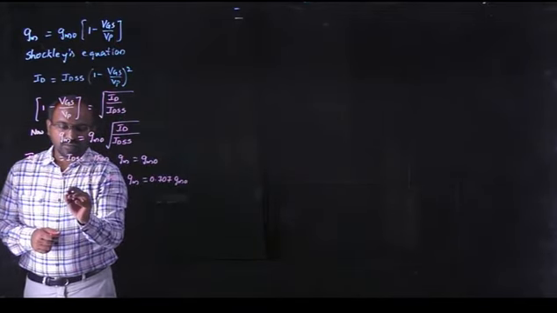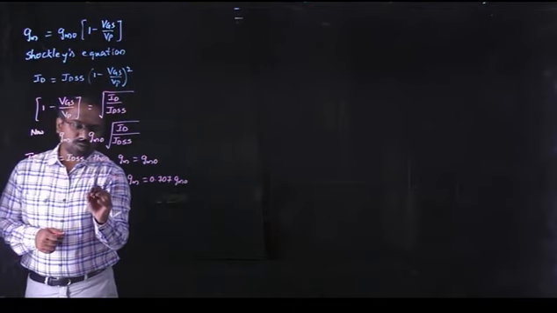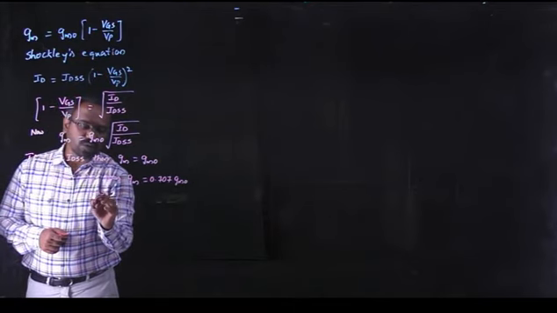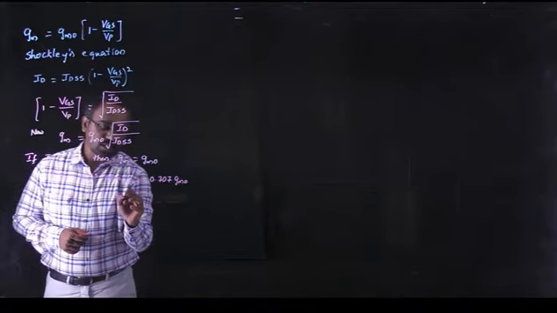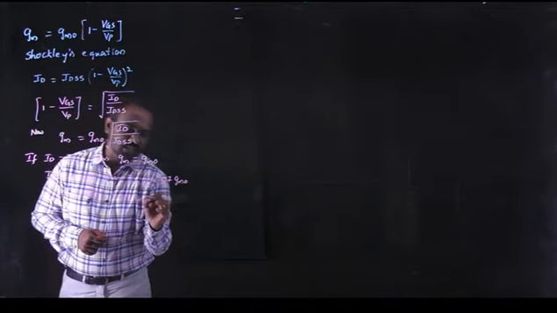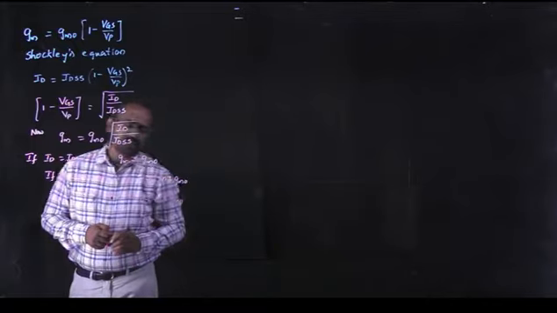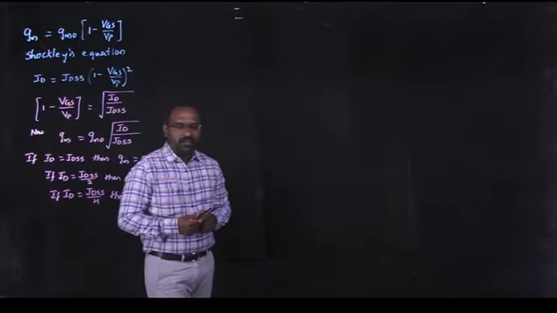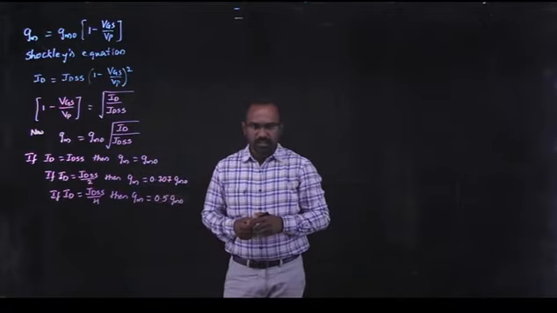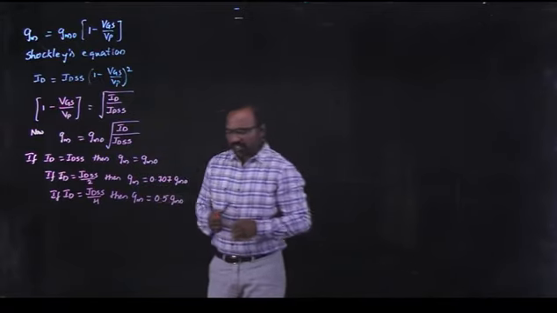Similarly, if ID is equal to IDSS by 4, then Gm will be 0.5 times Gm naught. Only half of the value we are going to get. So this is about the small signal mode.